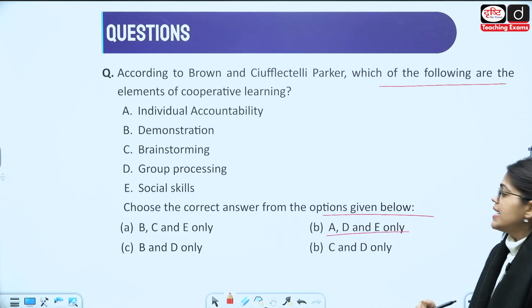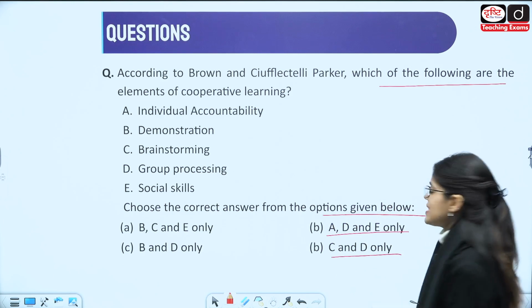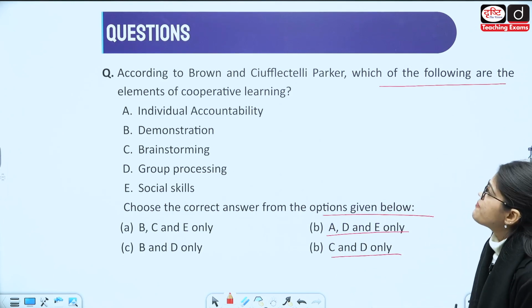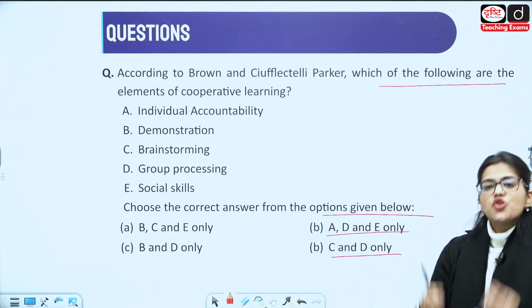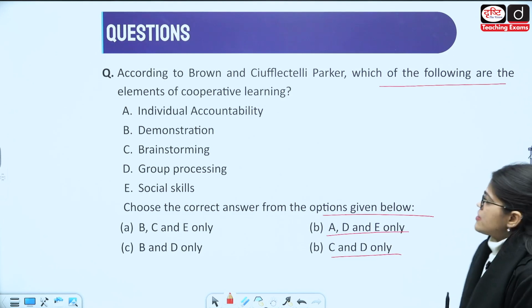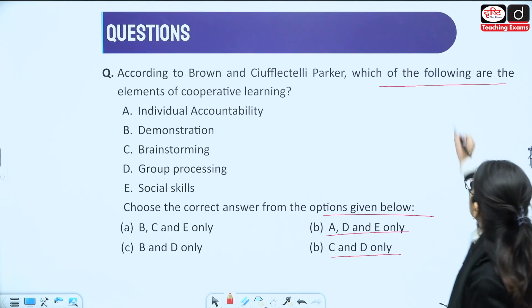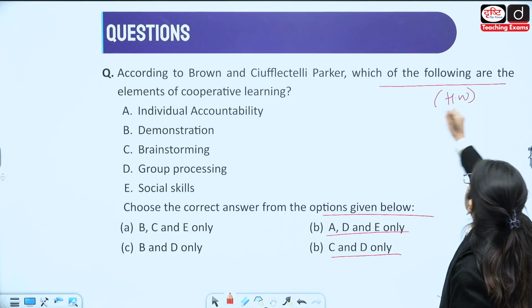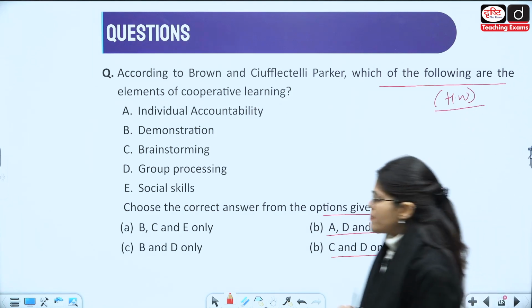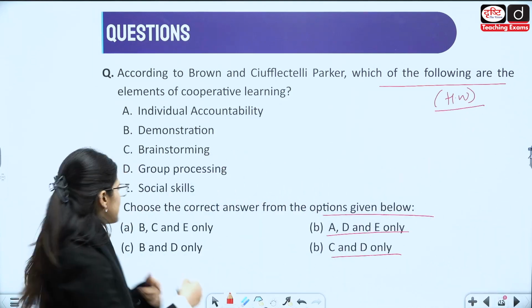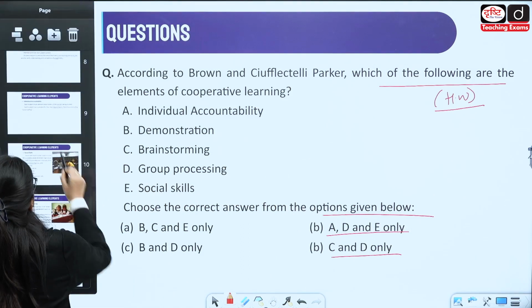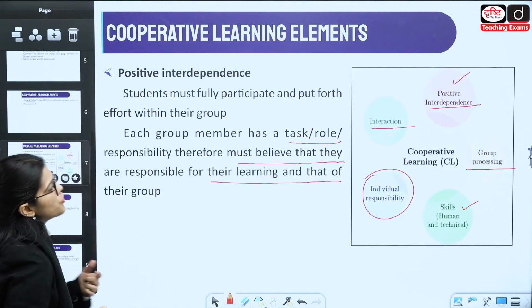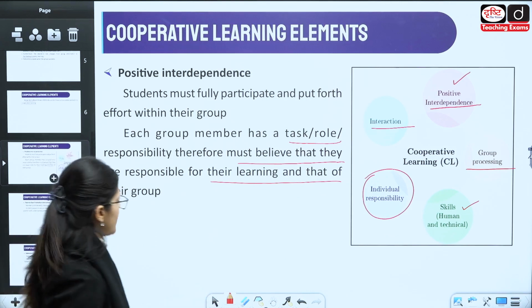We have B, D only, or C and D only. And I'm sure you guys know the answer by now. So should I give you this as your homework? Take it as your homework. Can you answer this in the comment below? I will again discuss the 5 elements that I told you, and you will get the answer from there only.